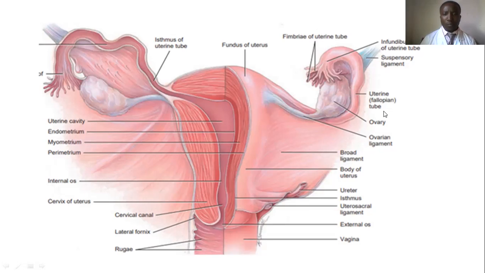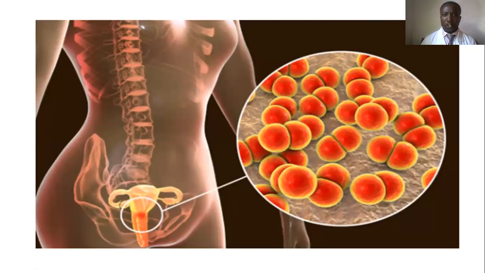So, my dear colleagues, it is very paramount to discuss pelvic inflammatory disease after reviewing the anatomy of the female reproductive system and the surrounding pelvic organs. So, let us now proceed.